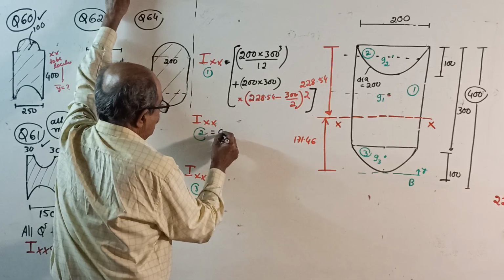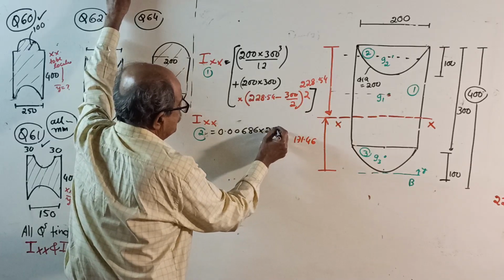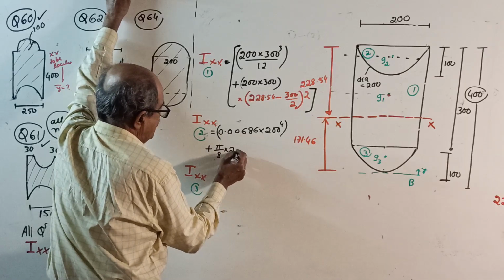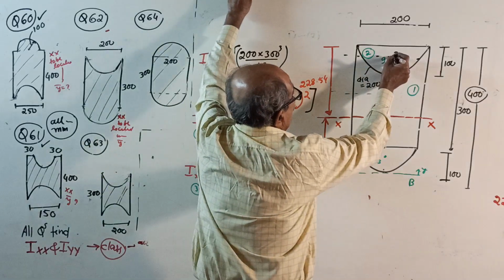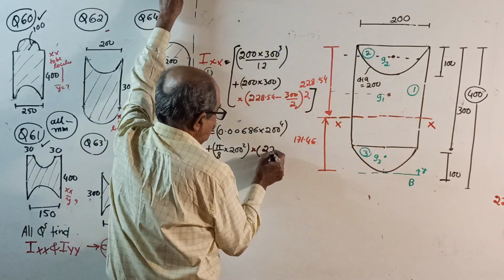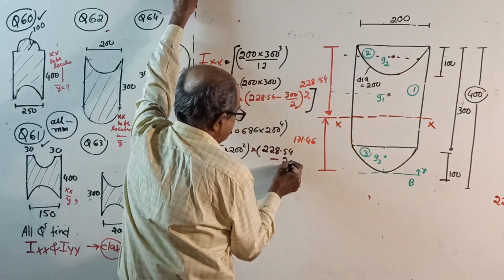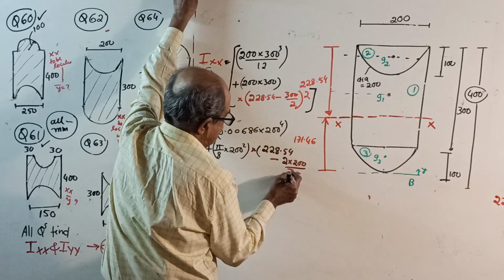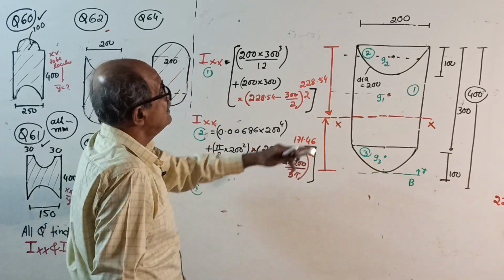It equals 0.00686 into diameter power 4, 200 power 4, Ig, plus area, pi by 8 of 200 square is the area, into, from centroid to here, this distance square is 228.54 minus this distance, which is 2 times diameter, diameter is 200, divided by 3 pi, whole square. This will give I about xx for that one.